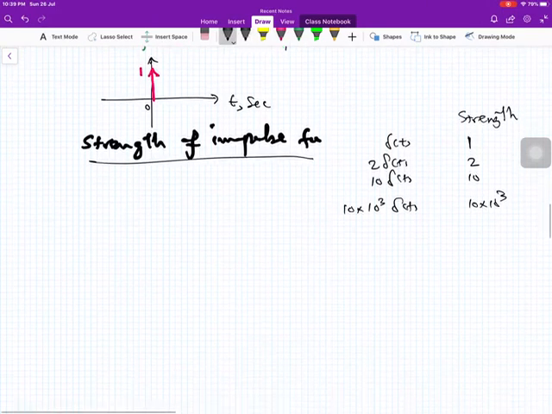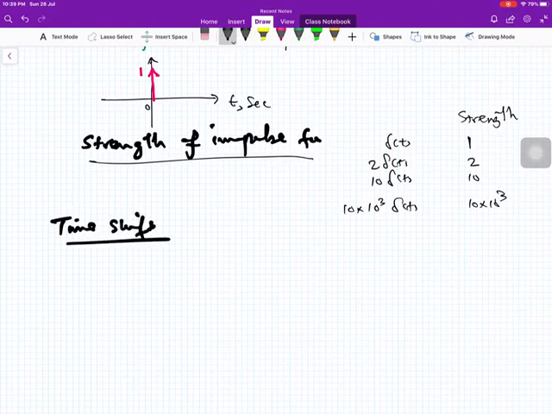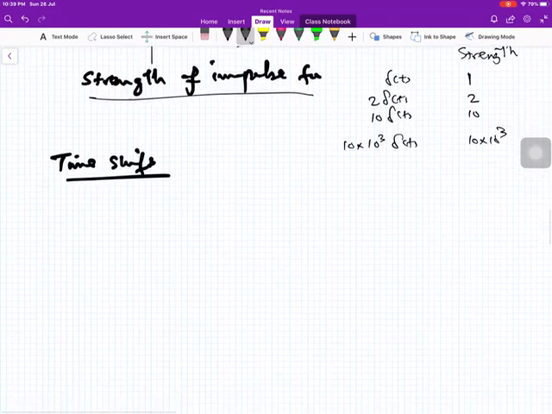There is a time shift associated with this impulse function as well. Now I'll show you what is delta t, what is delta t minus t, and what is delta t plus t.